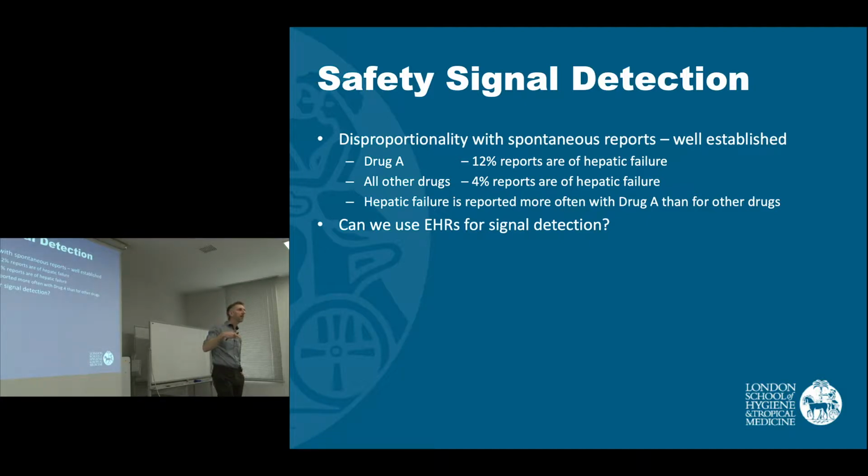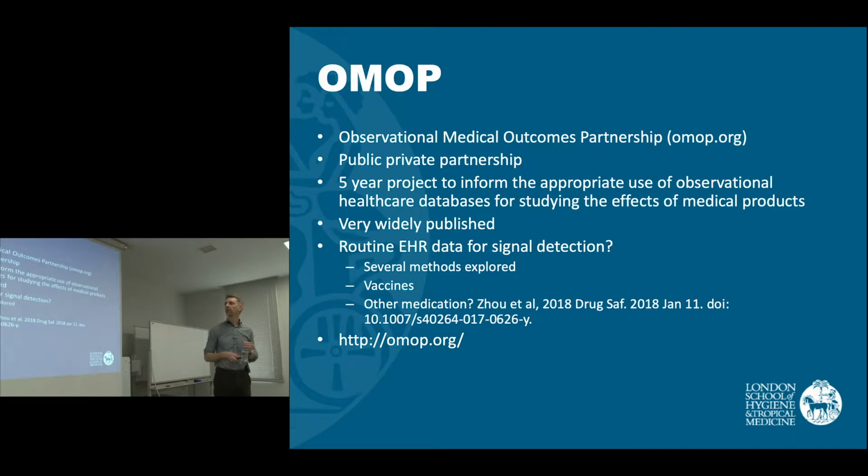Now you know from the last talk that one area where we use spontaneous reports is to develop hypotheses of drug safety signals, and we're very used to doing this using disproportionality. But the question is whether or not we might also use the electronic health records themselves to generate signals.